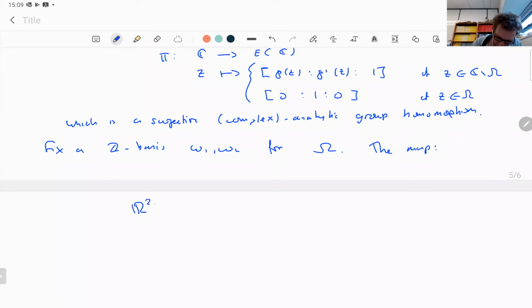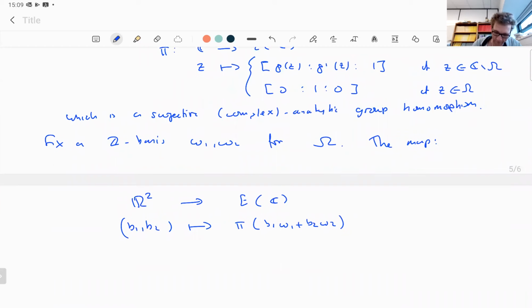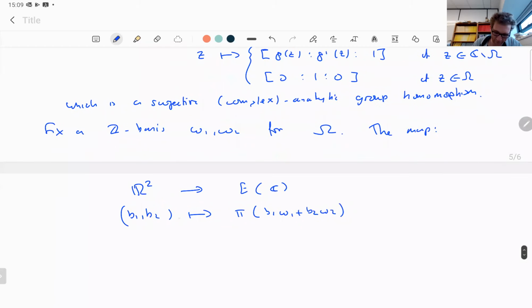It maps R squared to E, and I send (b1, b2) to pi of b1 omega 1 plus b2 omega 2. So this is a surjective real analytic group homomorphism. It's just putting different real coordinates on C.